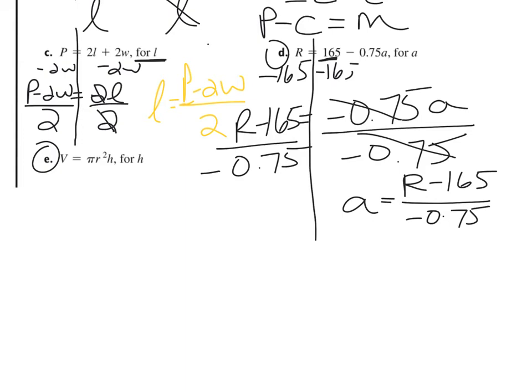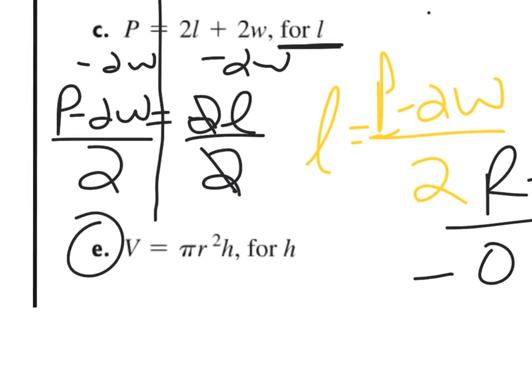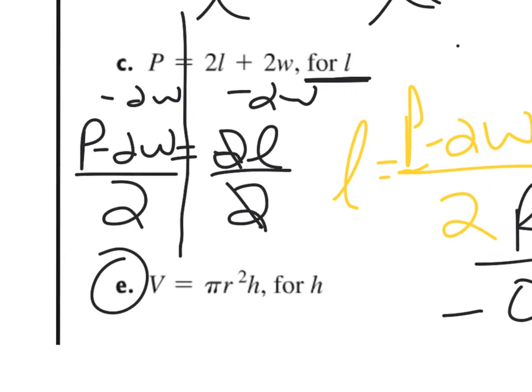Let's take a look back at C for a minute, because there was something I thought is kind of important. Some of you might look at C and think that you could simplify this problem further by canceling the 2's out with each other, and that is not something that you can do. You cannot break up a math sentence with terms.